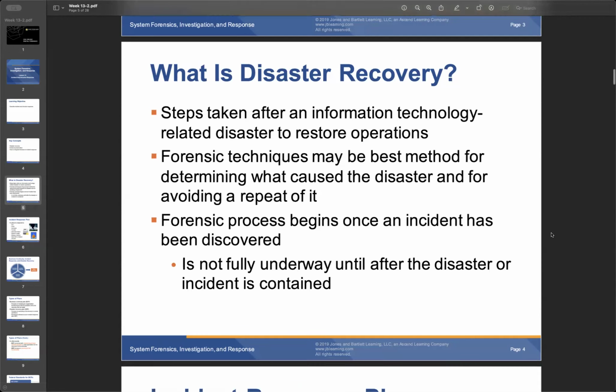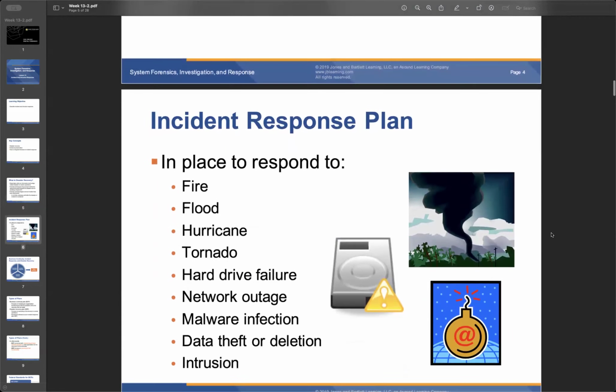And then as we keep moving on, we have the incident response plan, the planning. First, we need a plan to respond to natural disasters, including fire, flooding, hurricanes, and tornadoes. Then we move on to things related to hardware, such as your hard drive, your SSD memory, or sometimes an internet and network outage.